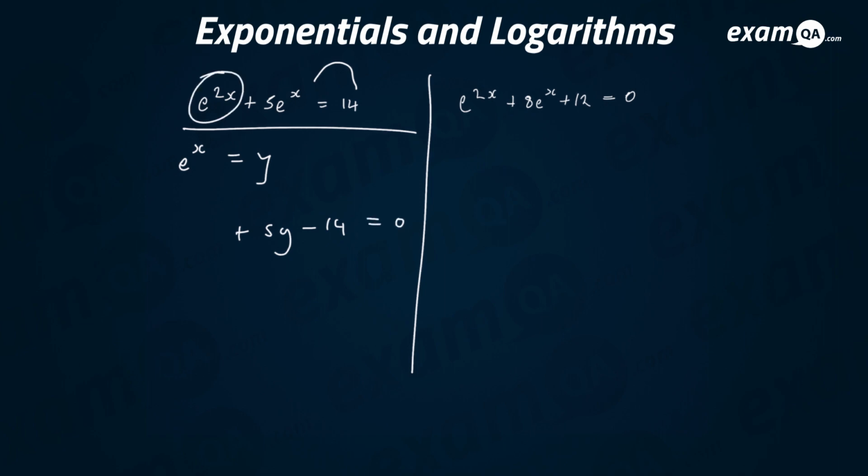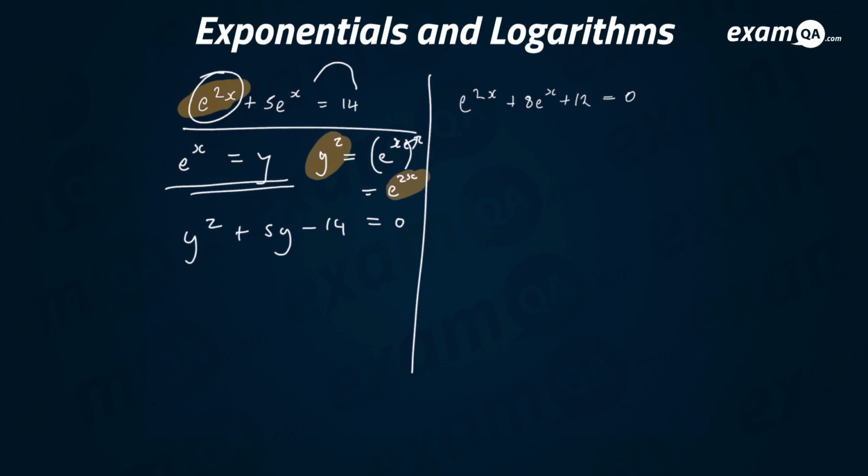And this e to the power of 2x, what would that become? I called e to the power of x y. What do you think y squared would be? I'm just squaring both sides here, right? So y squared would be e to the power of x, squared, and then you multiply the powers. So that would be e to the power of 2x. So instead of e to the power of 2x, I'm going to write y squared.